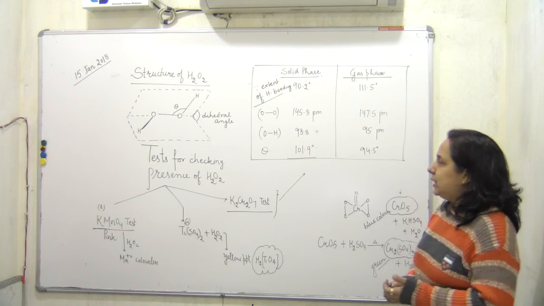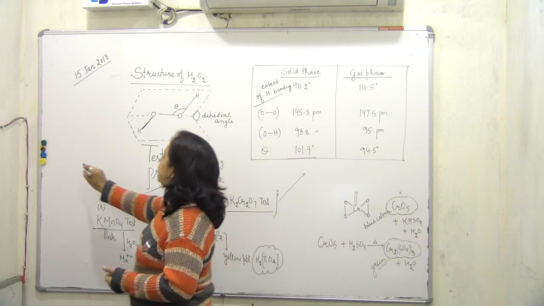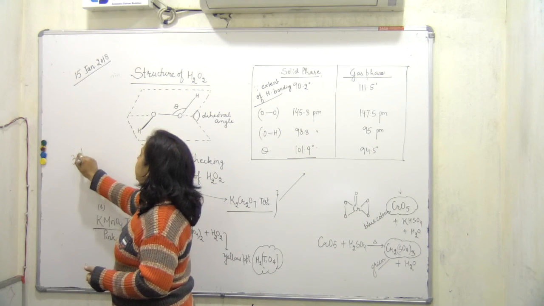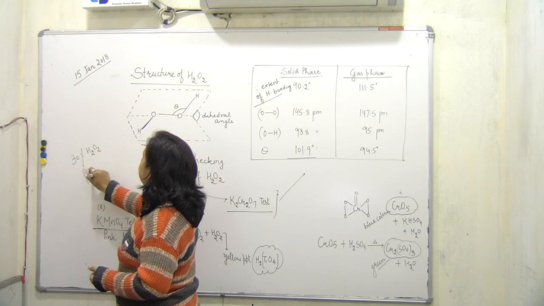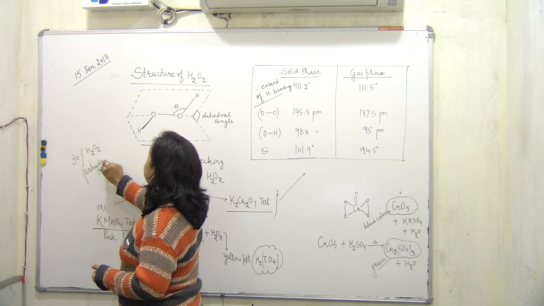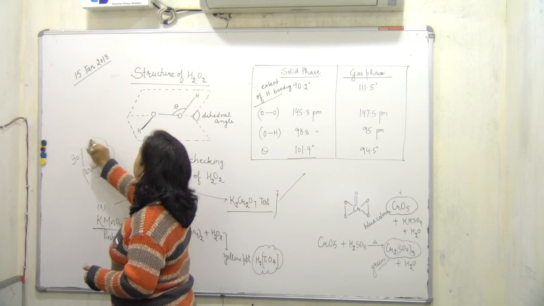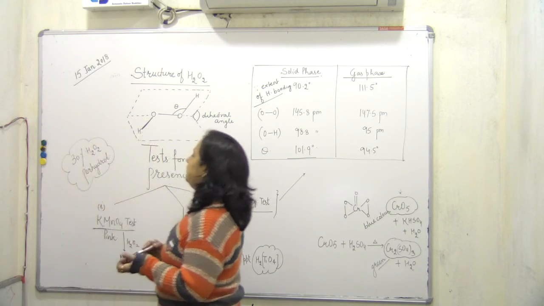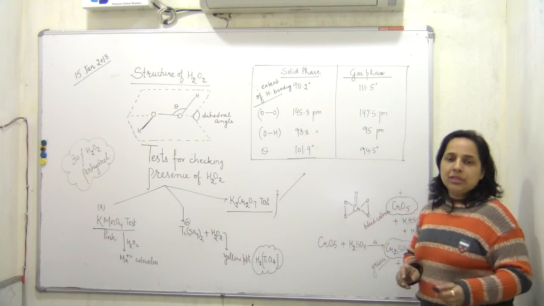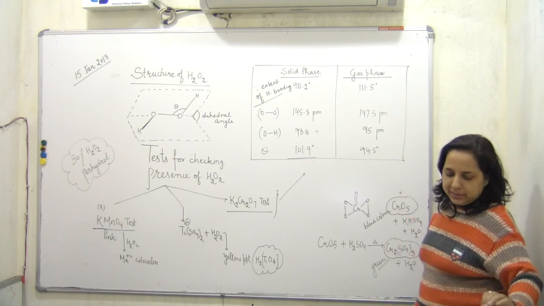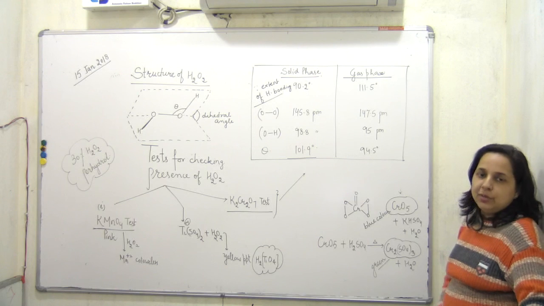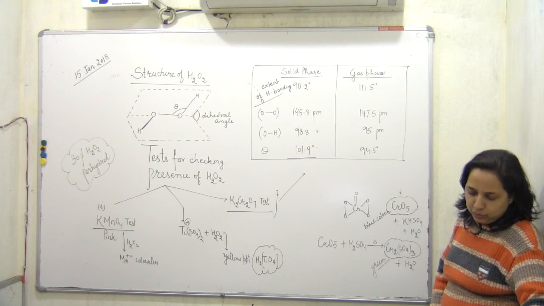If we have 30% hydrogen peroxide, the commercial name of 30% H2O2 is perhydrol. This perhydrol is an important antiseptic mixture, used for antiseptic medicinal properties and as a germicidal.